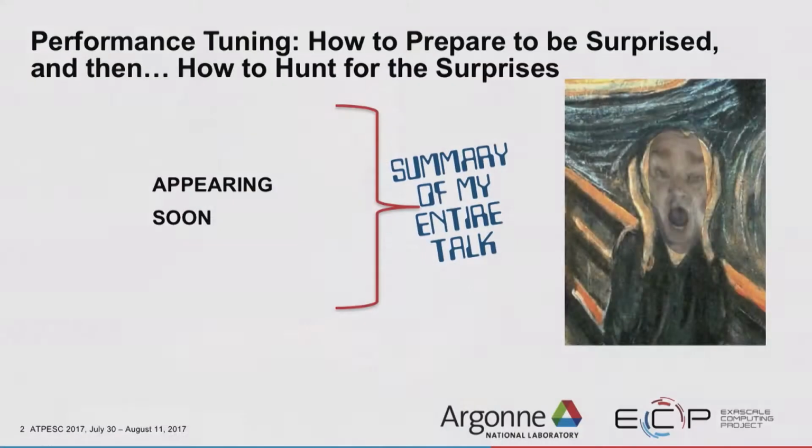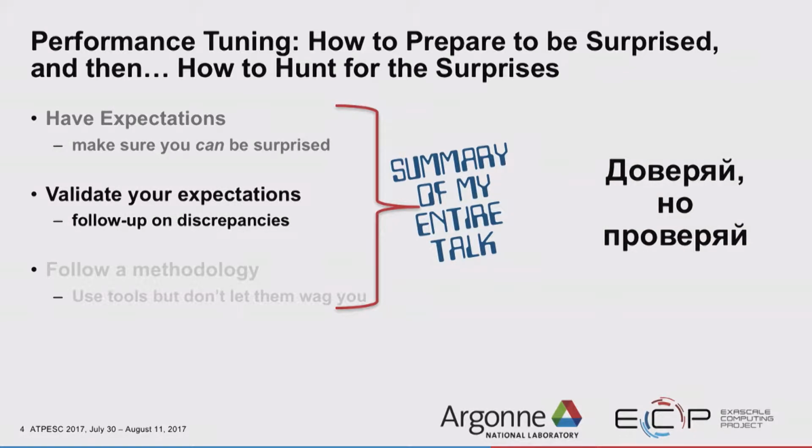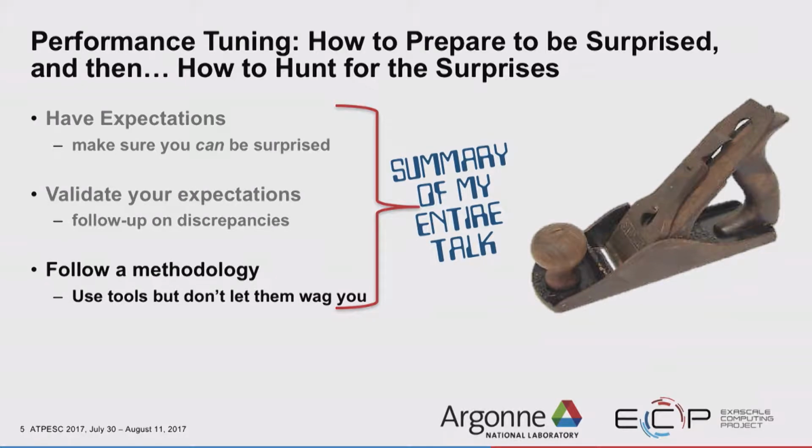So anyways, I might as well start off and tell you what my talk's going to be. Simply put, I'm going to talk about three different things. I'm going to mix them together. One is having expectations. Another is validating your expectations. And finally, the concept that you should have a methodology to the order that you do things in.